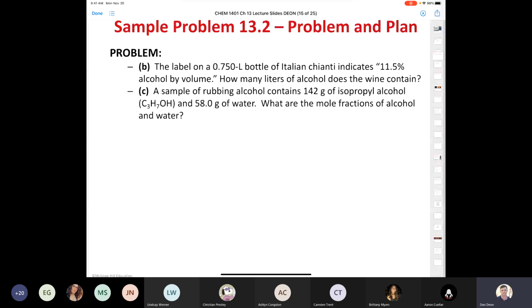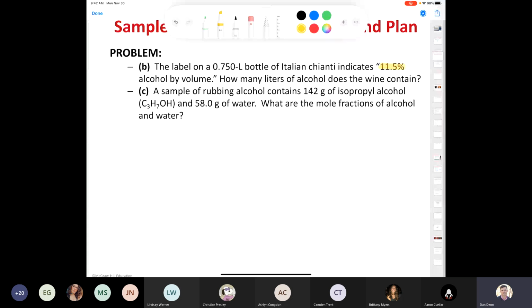Well, you'll remember that if it's 11.5% alcohol by volume, what does this by volume mean? Well, we already looked at that and we said that percent volume is equal to the volume of the solute divided by the volume of the solution.